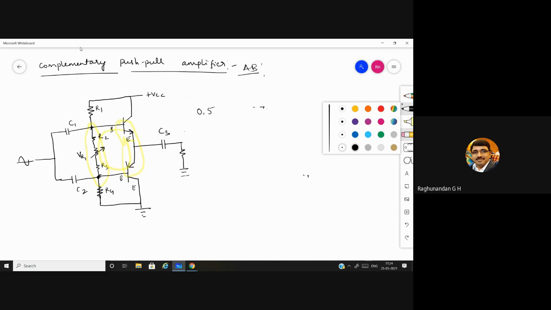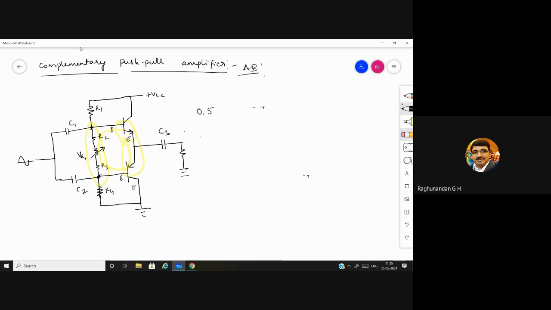But sometimes if it is not going to match properly, if you want a small correction or small change, then you will be using this pot. By varying this pot, we'll try to arrange the voltage drop across this junction and this junction to be constant, and it will be equal to the voltage drop across VBE.